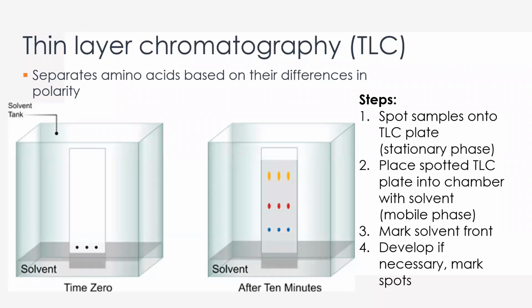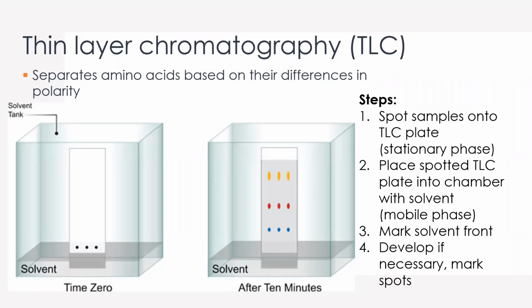If the solvent is polar, then polar amino acids will move more readily by dissolving into that solvent, and they're going to be carried with the migrating solvent up the TLC plate. Nonpolar amino acids will tend not to dissolve into the polar solvent, and therefore shouldn't migrate as far as the polar amino acids. Thus, the amino acids in the mixture can be separated based on their polarity.